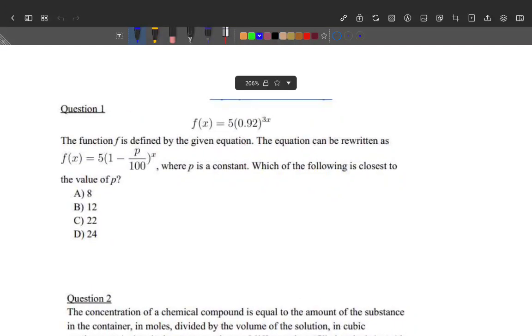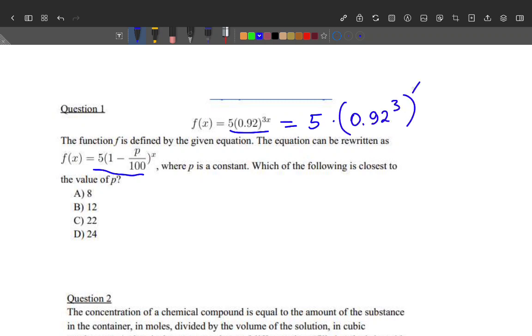First question. The function is defined by the given equation. I should write this equation in this form. For this, I write like this: 5, 3, and x. I should calculate this one. It will be 5 multiplied by 7, 7, and 9.